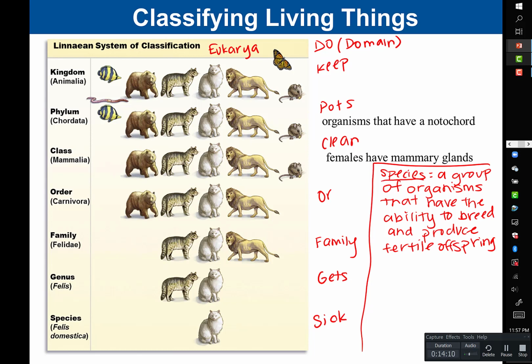So this is the key. So a group of organisms that have the ability to breed and produce fertile offspring.